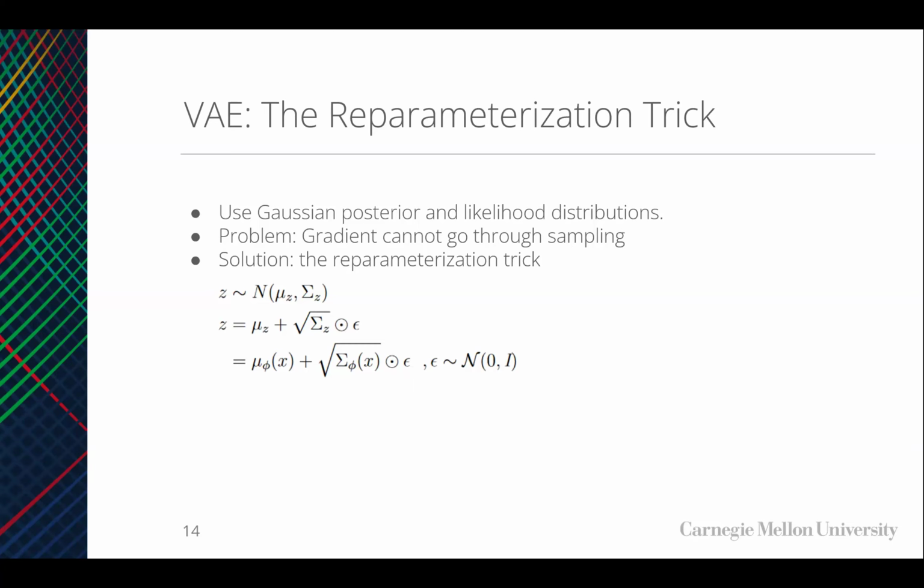Then you multiply it with the square root of your variance and add the mean. This is equivalent to sampling directly from the normal distribution, but it allows the gradients to go through.